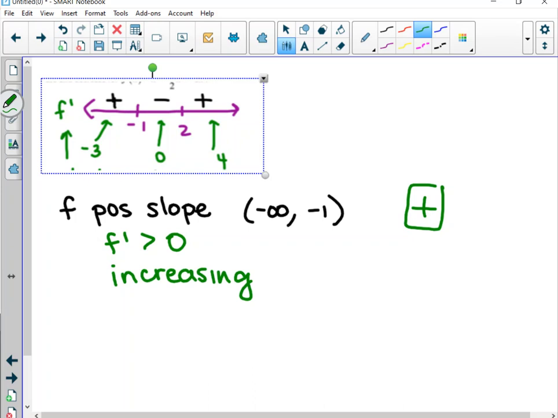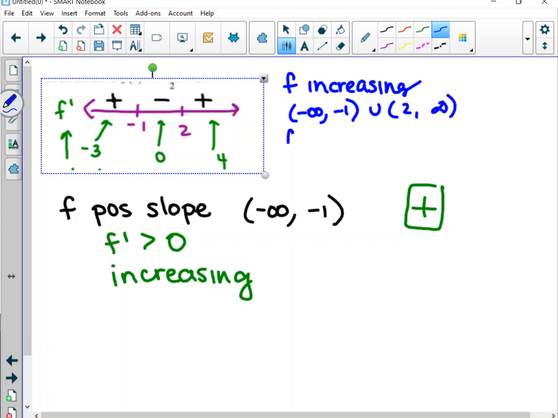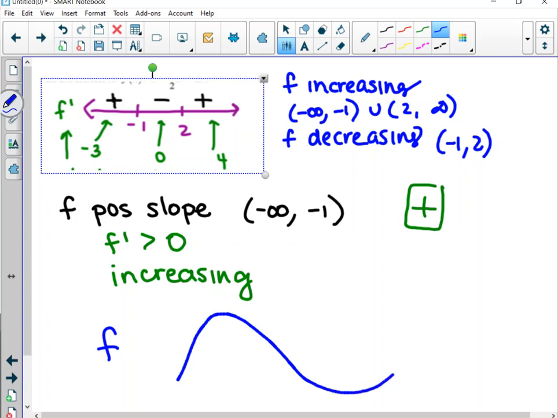Okay. So overall, I know f is increasing from negative infinity to -1 and then again from 2 to infinity. And then f is decreasing on the interval from -1 to 2. So if we were going to look at the graph of f, it goes up, then down, then up.